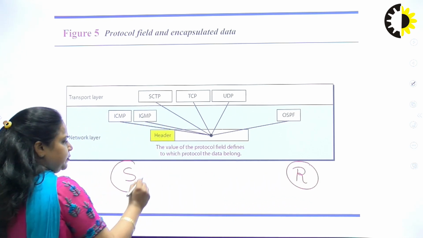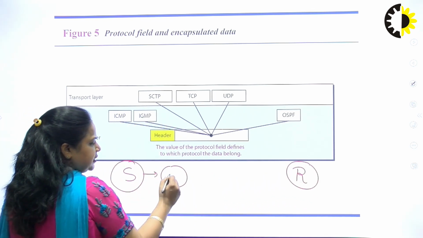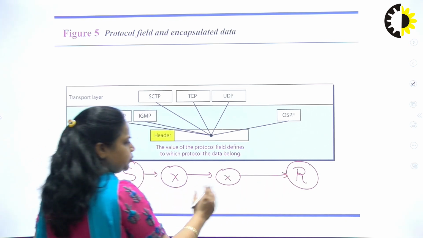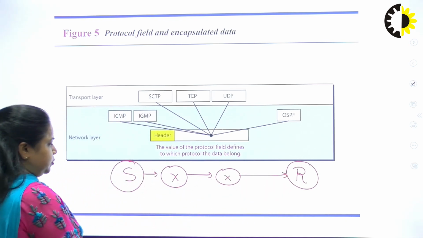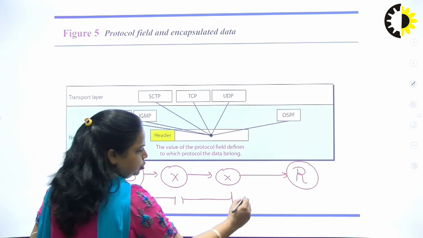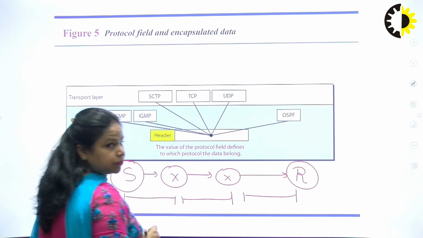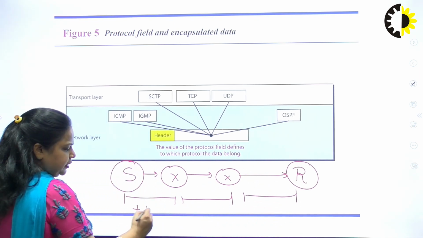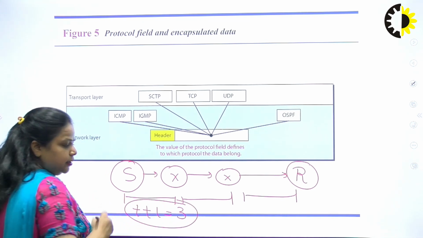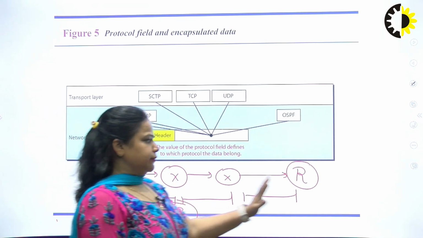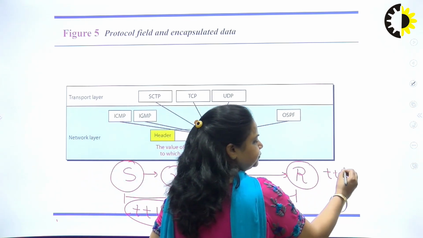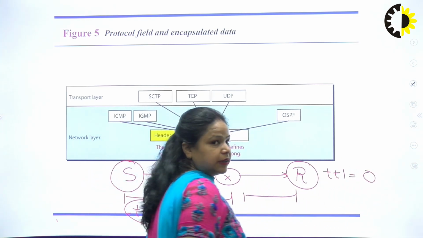Whenever we want to send a packet, there is a network with hops: one length, then 2, and finally 3. So the value of the TTL should be equal to 3, so that when it reaches the final destination, the TTL value becomes 0.